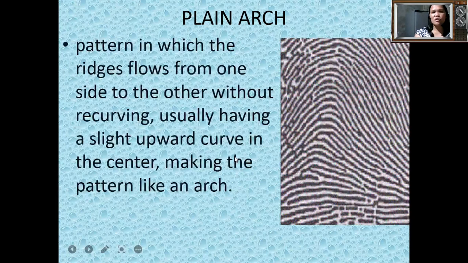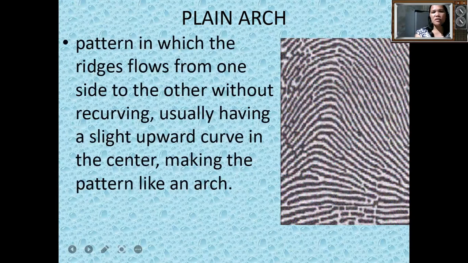So let us take a look at how the plain arc is being described. It states in here that the ridges flow from one side to the other without recurving. So you already know about recurving ridges, that it consists of a loop, isn't it? Looping, or what we call recurving ridges.